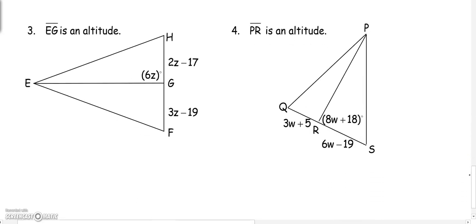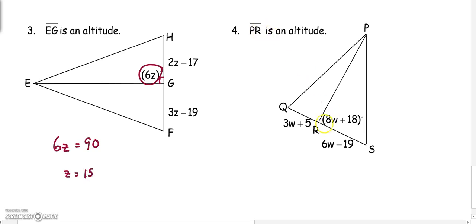In these two problems, we now are looking at the angle, because the angle is what we know something's happening at. We know here, by EGH, that it's a right angle because it's perpendicular, because EG is my altitude. So I know that this is 90 degrees, so 6z is equal to 90. When I divide by 6, I get that z is 15.